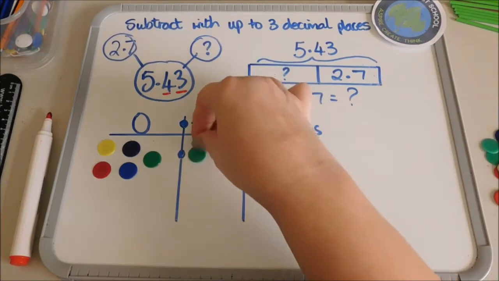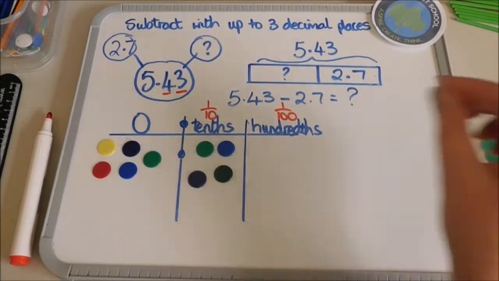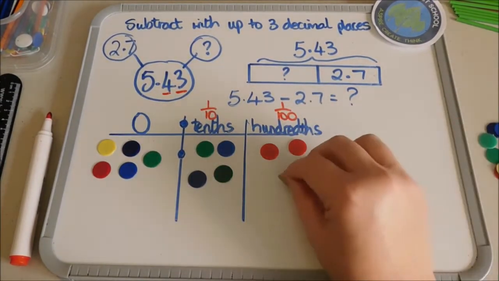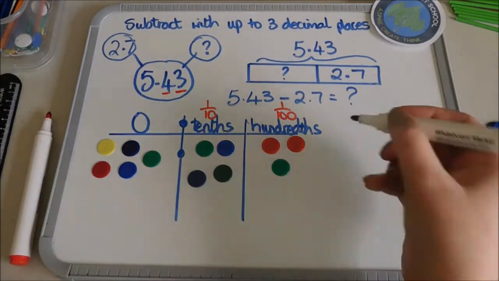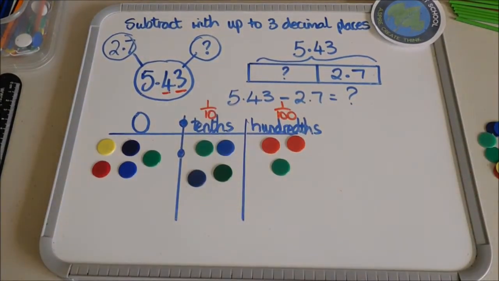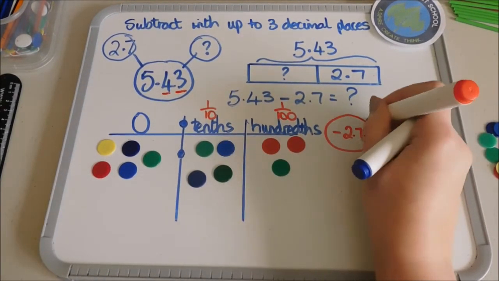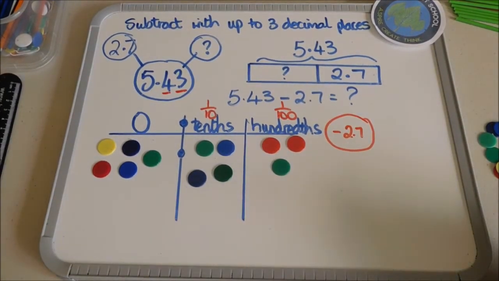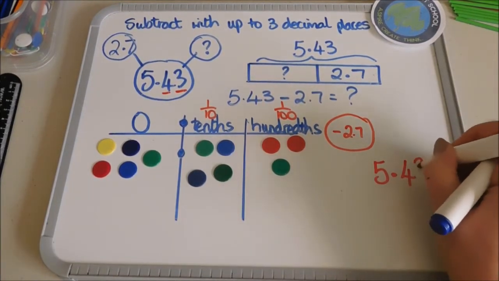I've got 4 tenths, 1, 2, 3, 4, and I've got 3 hundredths. Okay, and I'm now going to subtract 2.7.